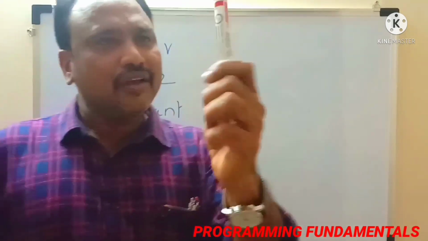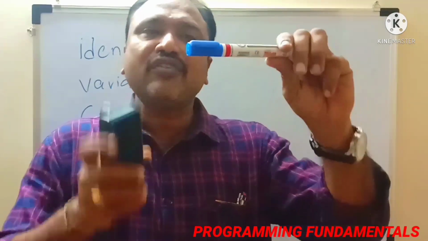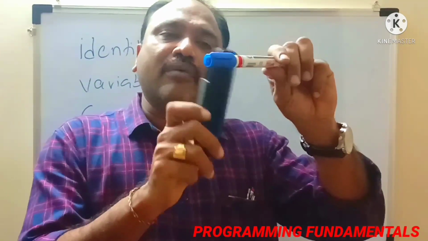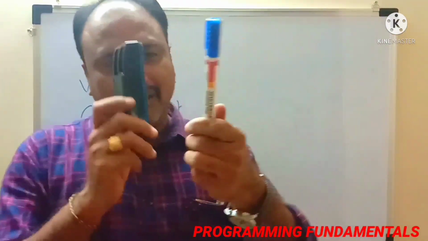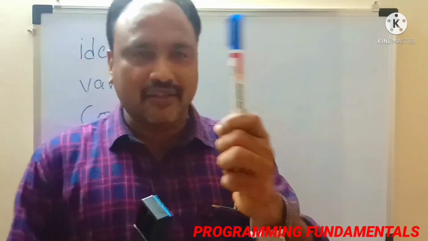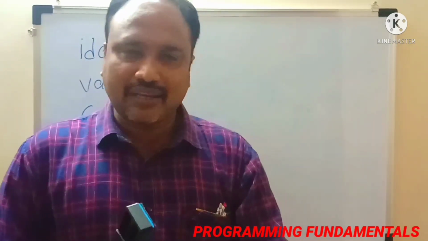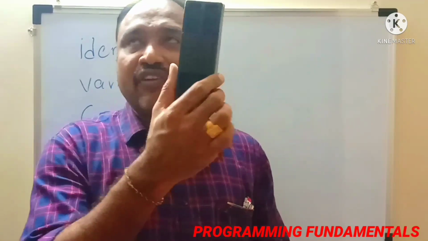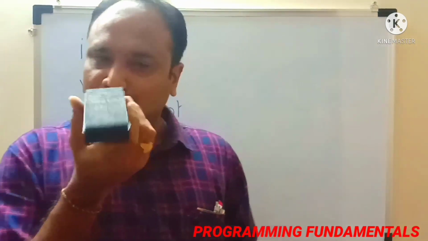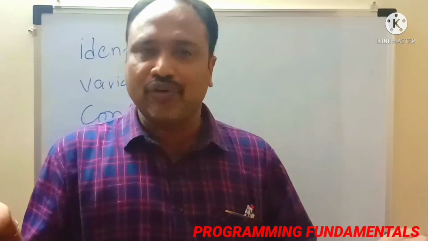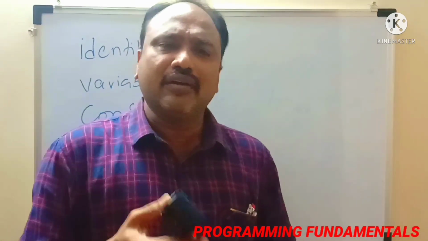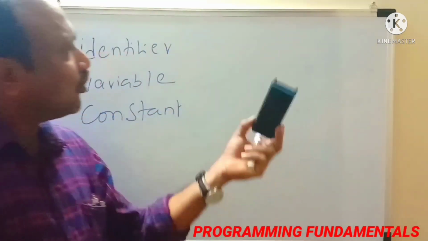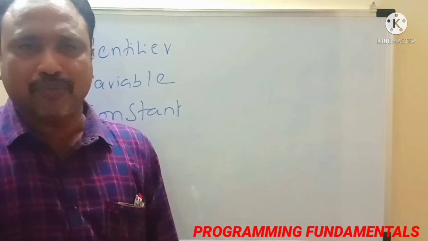If you go anywhere, this is a marker only. To identify this object in this entire world, we have assigned a name, that is called marker. If you go to the USA, Australia, UK, Pakistan, or anywhere, it is a duster only. In the same way, anywhere you go, this is a whiteboard.